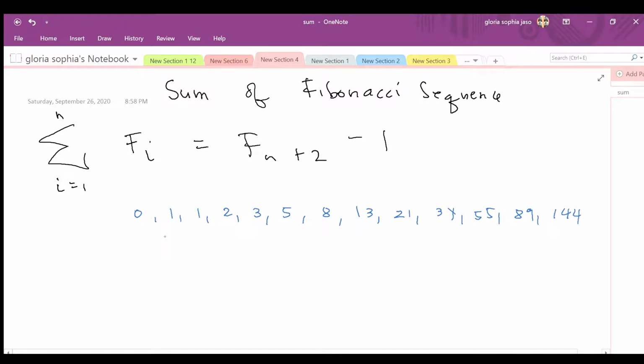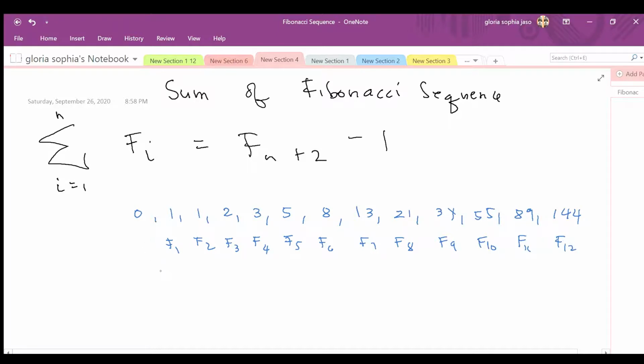Okay, so f sub 1, 2, 3, sub 4, f sub 5, sub 6, sub 7, sub 8, sub 9, f sub 10, f sub 11, and f sub 12.